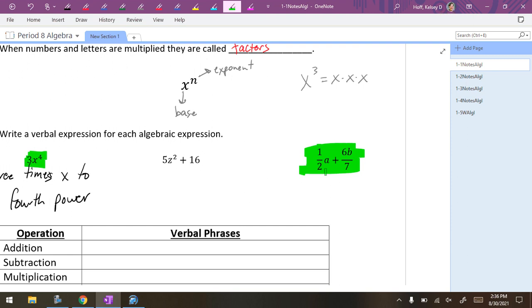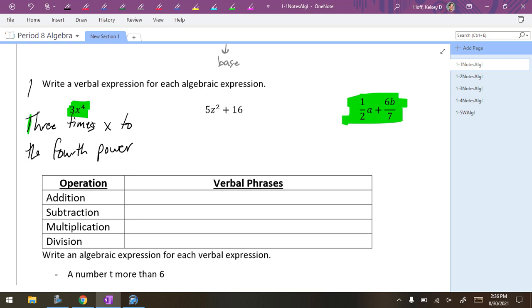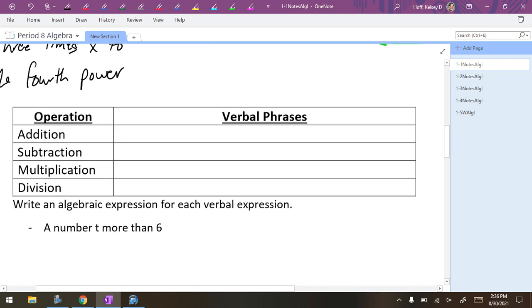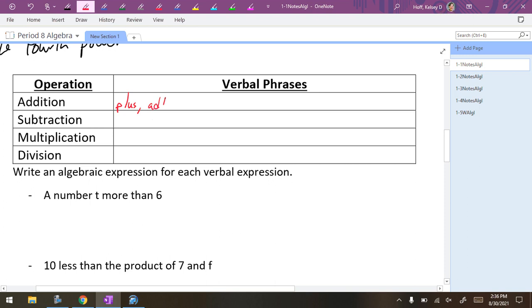All right, we're off to a good start. Let's fill out some words that mean each of these operators here. What are common phrases or words you may see for addition? We'll just toss them out. Plus. Added. Yeah, technically, probably not a very common one. It starts with an S. Sum.